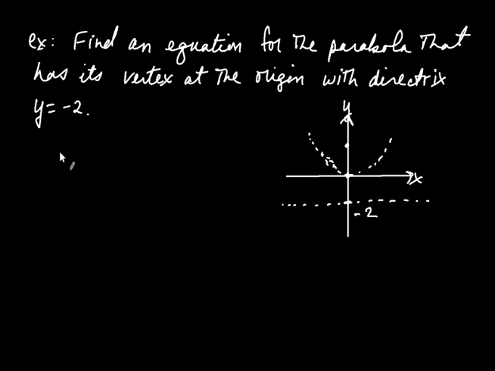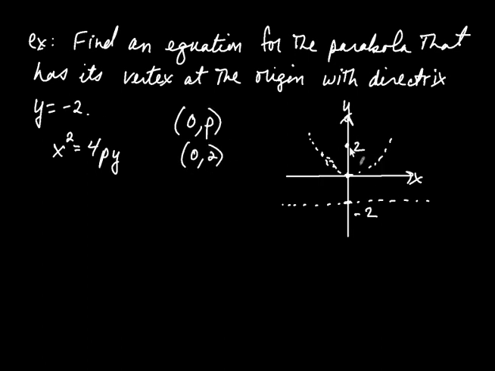So its equation is going to be x squared equals 4py. And is p positive or negative? Well, the coordinates of the focus are 0, p. And I can see that p is positive. In this case, in particular, we have 0, 2, right?